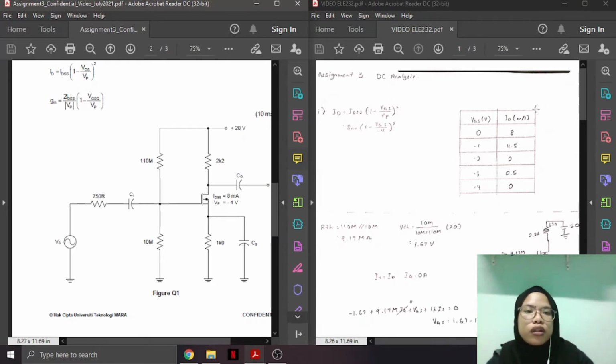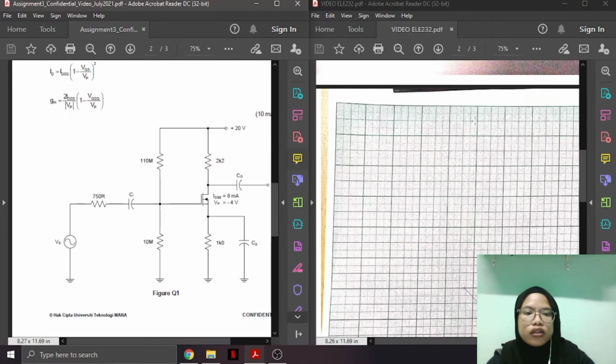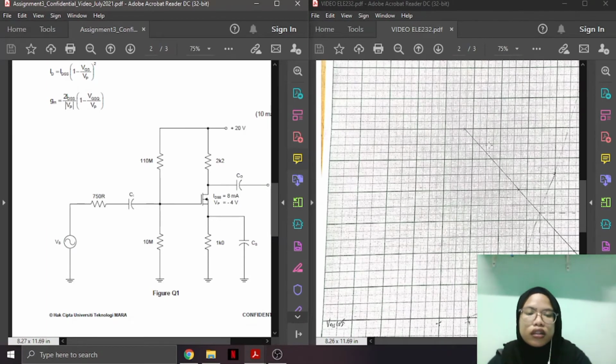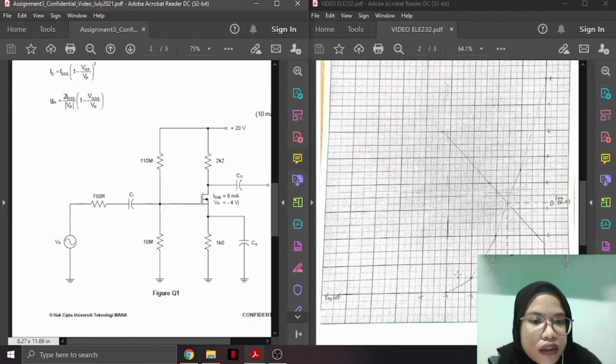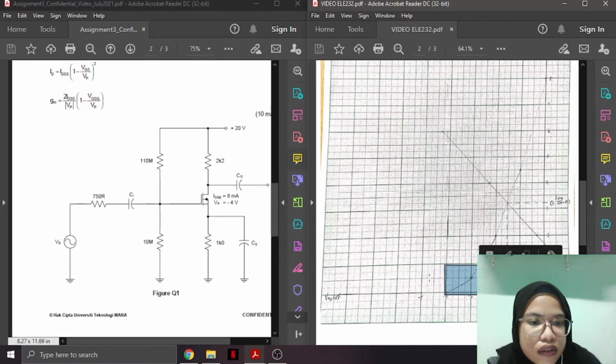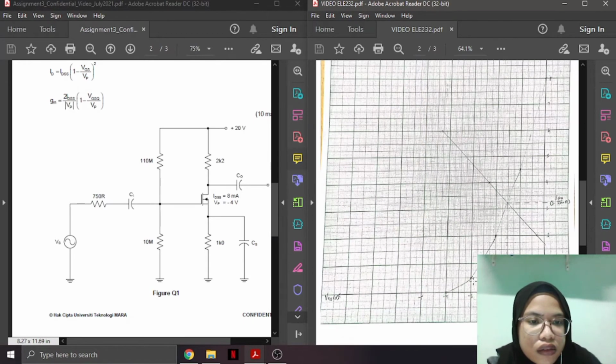And then by constructing this table, I need to do the graph. So this is the graph that I got. Okay, sorry. This curve line here goes from negative 4 VGS to the 8 milliampere.